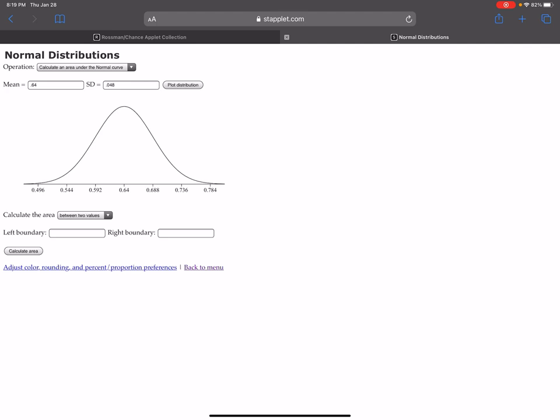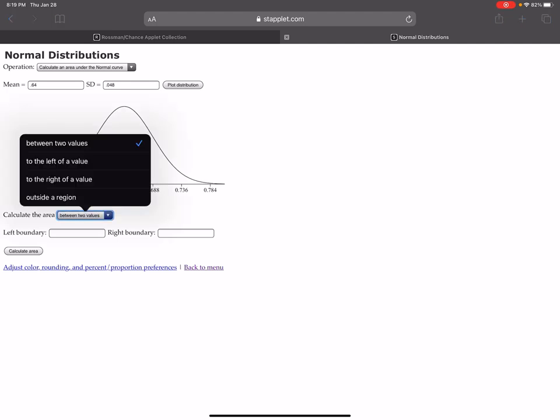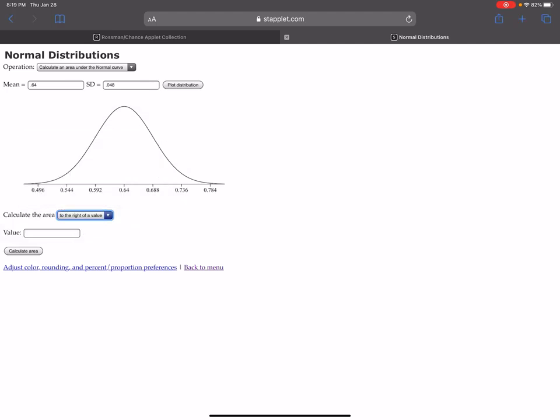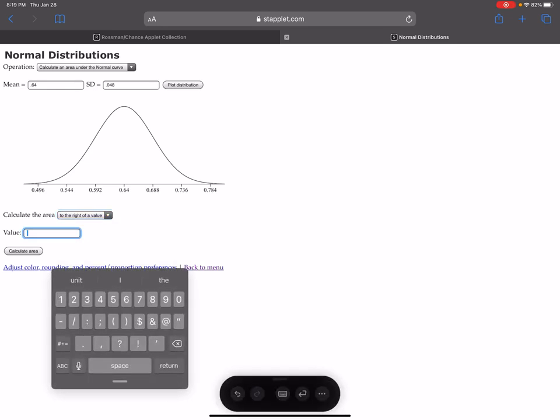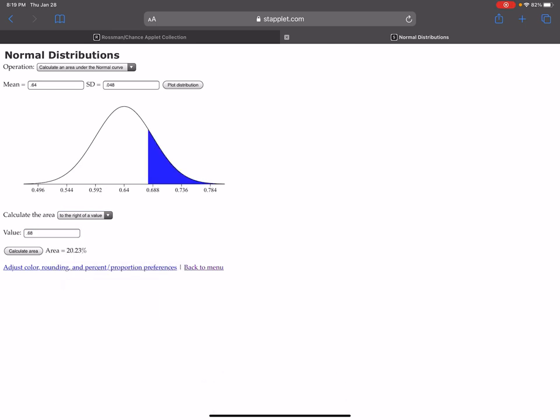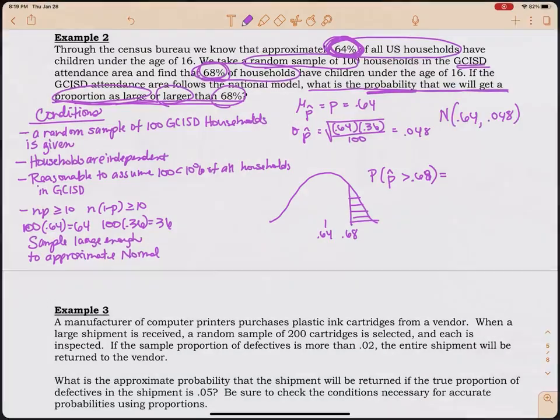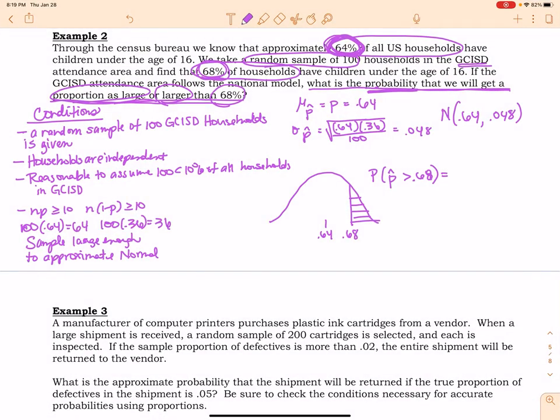Plot the distribution. I want shading to the right of 0.68. And it is 20.23%. Neato speedo. So 0.2023 or 20.23%. Neato.